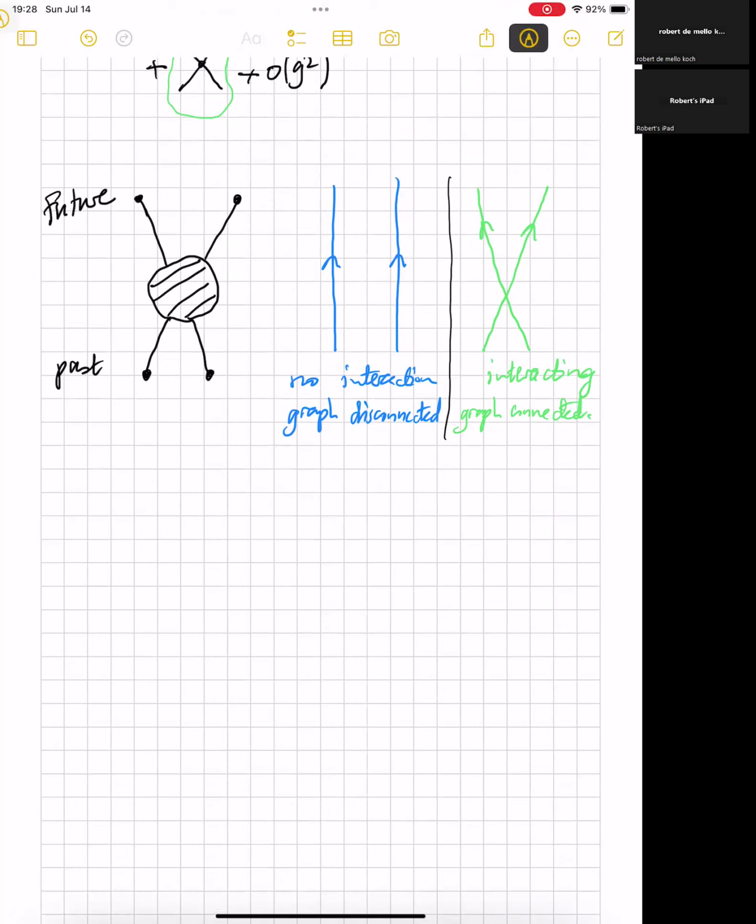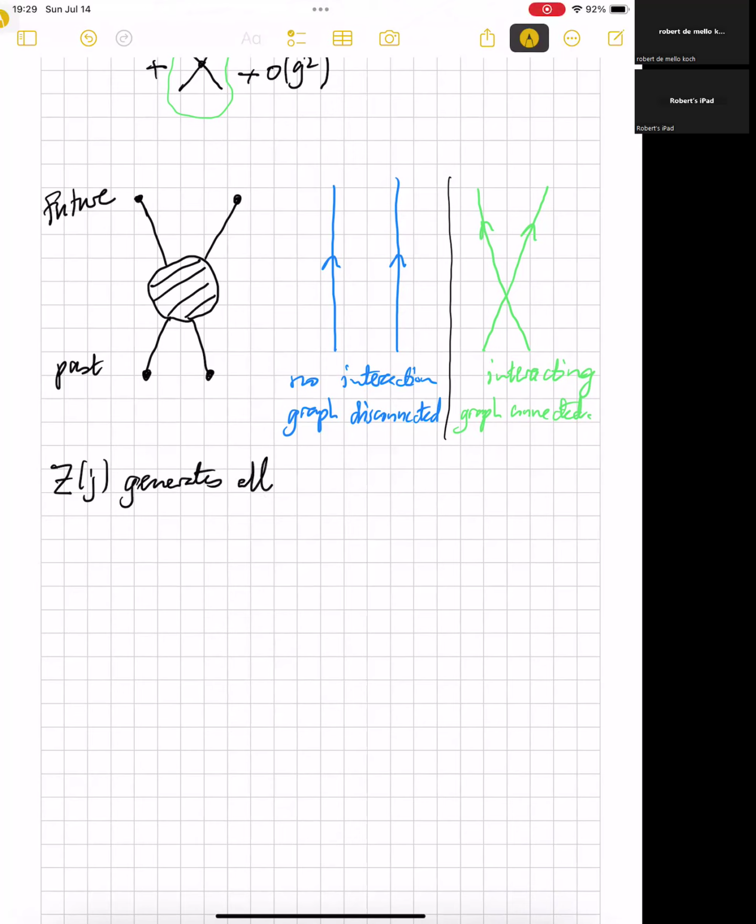And if we're trying to understand interactions between these particles, it is most interesting to study the connected graphs. Because of that, a natural question suggests itself. We know that Z of J generates the Feynman diagrams.